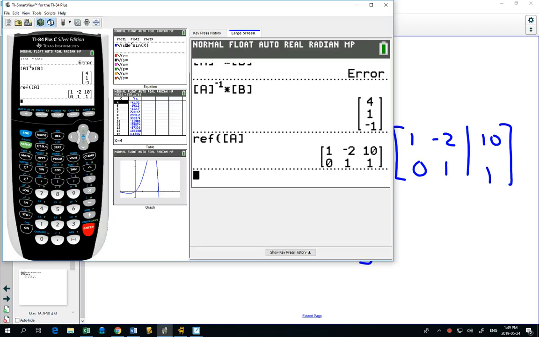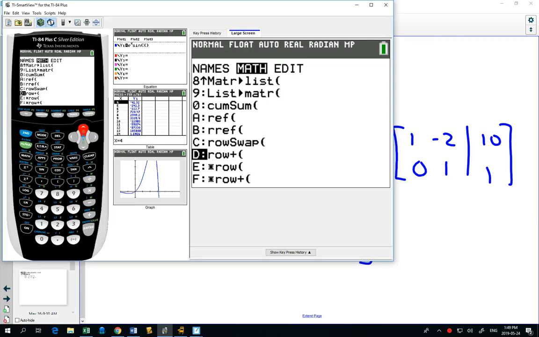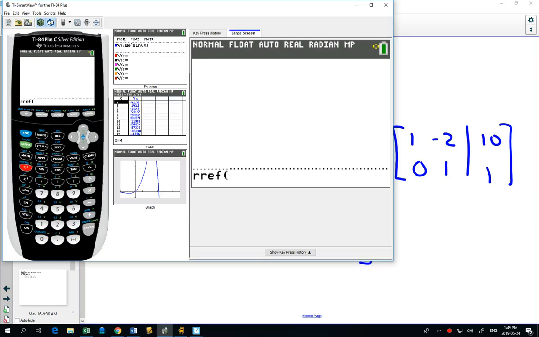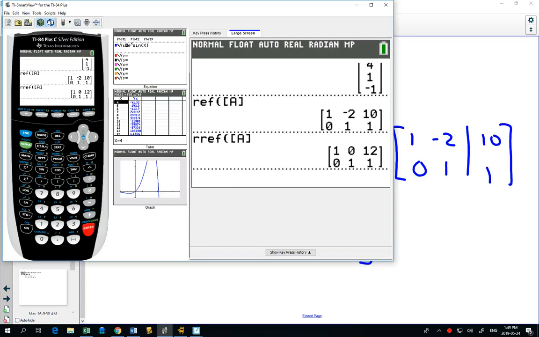It gets the bottom number as 0. If I would go to reduced row echelon form of matrix A, it gets us to the final answer. And we know that, oh, y is 1, x is 12. Very nice. So it's another thing that you can use as a tool to check if you got the right answer.